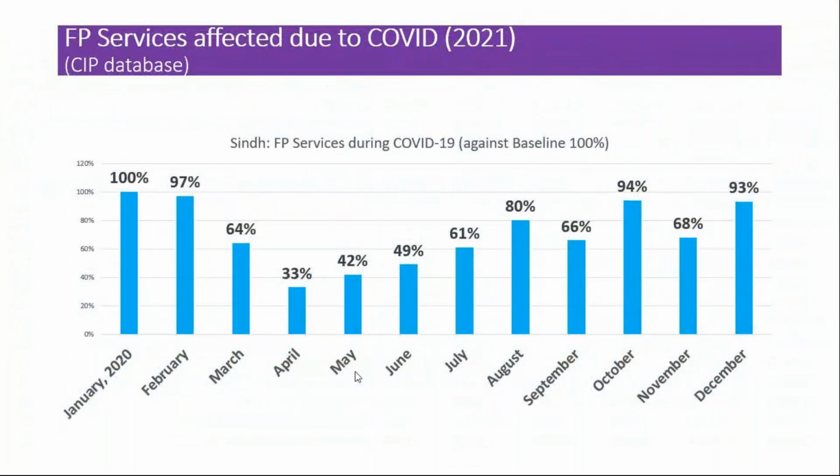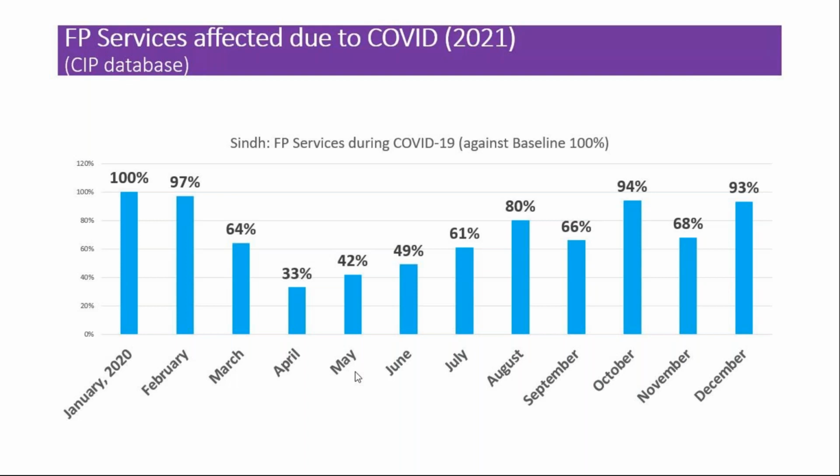Here I have shared for you a slide from the CIP database, and we have seen that during the COVID 2021, you can see that in the peak time of COVID, in the month of April, May, June, even July, the family planning services were severely affected, and these services were almost near to lowest level in April and May.